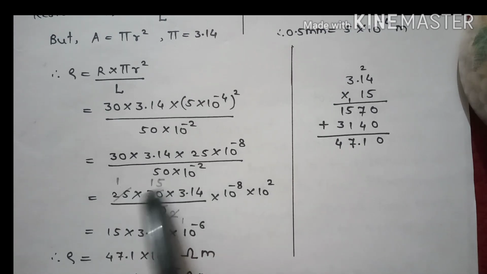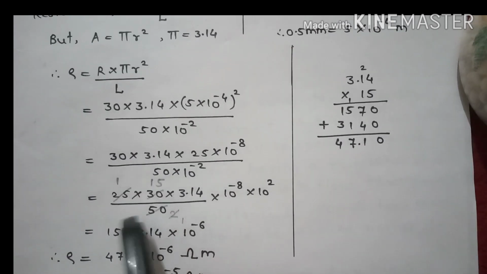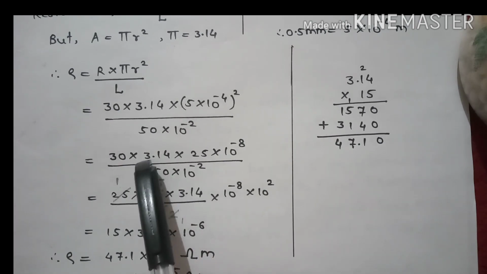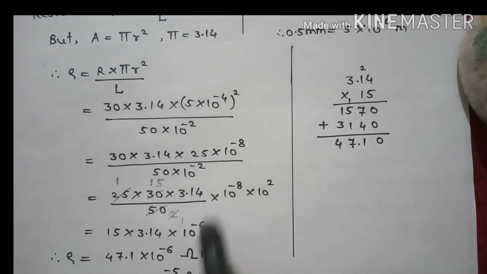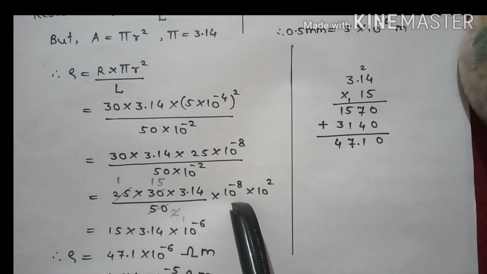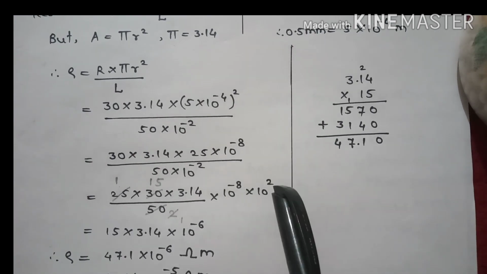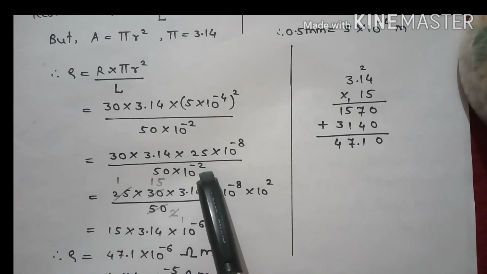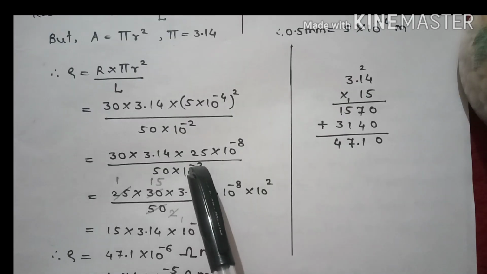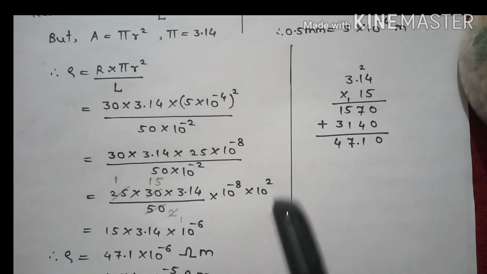Now here we will take this 25 and 30 together, that is 25 into 30 into 3.14 as it is upon 50 into 10 raised to minus 8 as it is into 10 raised to 2. This 10 raised to minus 2 we took to numerator. Due to that this minus 2 will become plus 2.